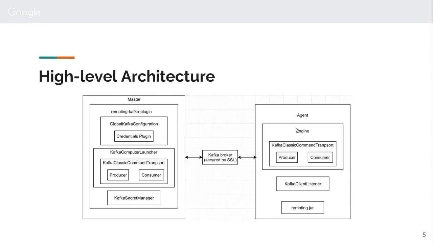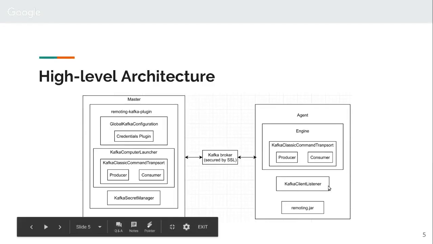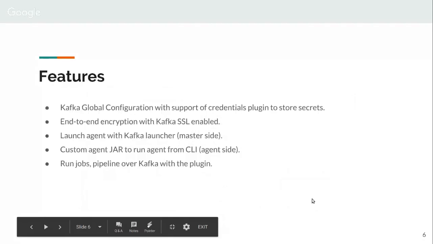Moving to the agent side, we have a custom engine that also creates a channel using the classic command transport, and a client listener which is in charge of the secure connection between master and agent. The agent is bundling the remoting jar, which we plan to remove in the future.